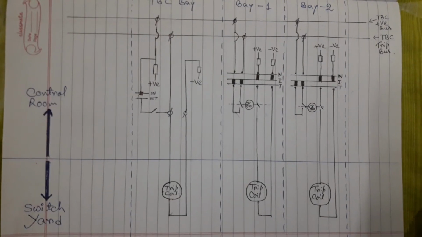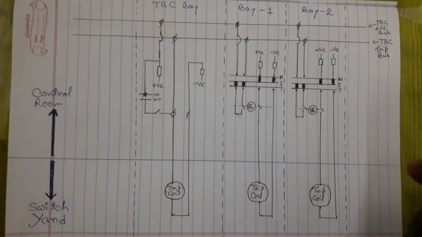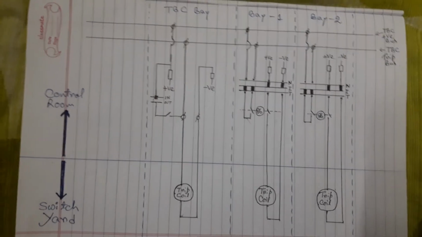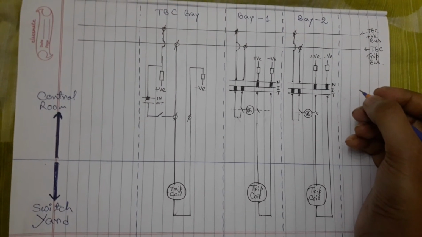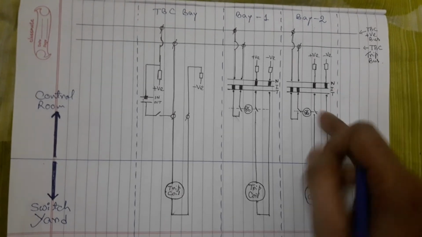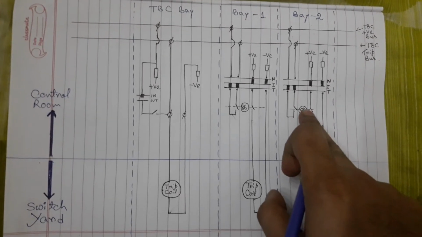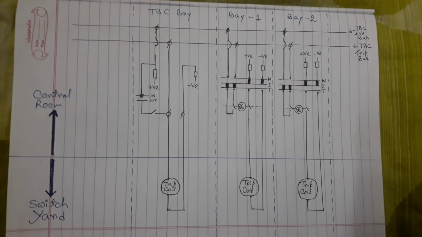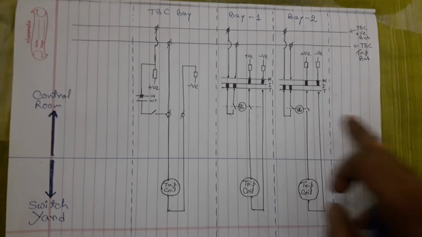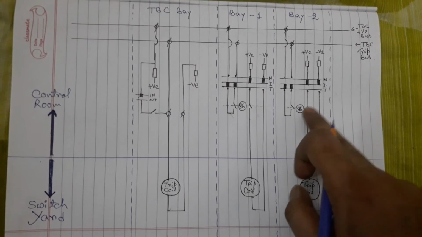Now if there are two CTs in circuit, that is when it is a line side CT, then if we transfer the load of this bay to this TBC, there are two CTs, because this CT is always connected, this is the line side CT.